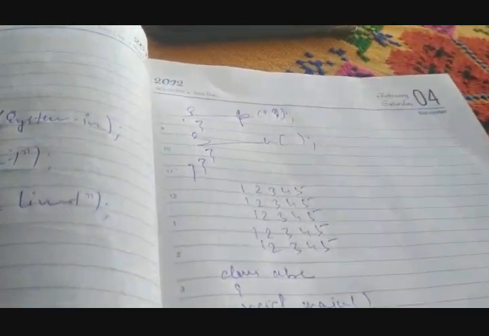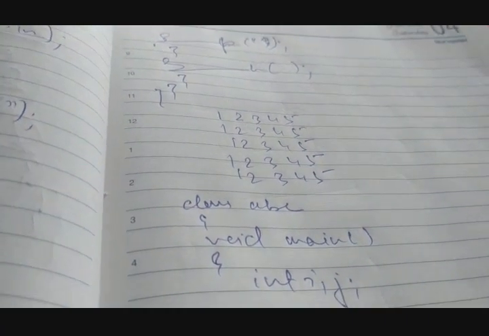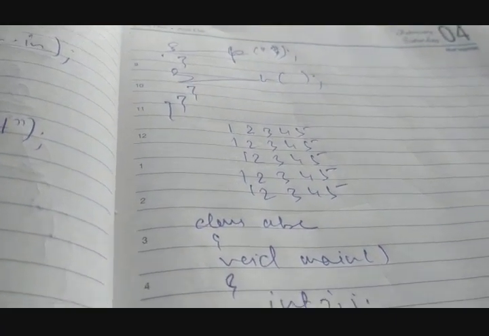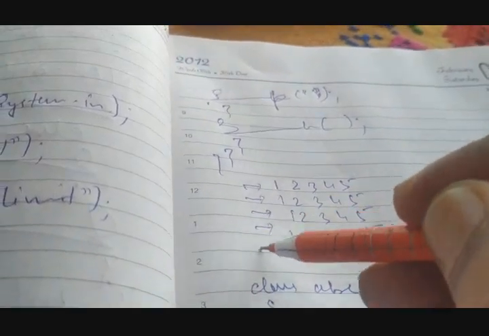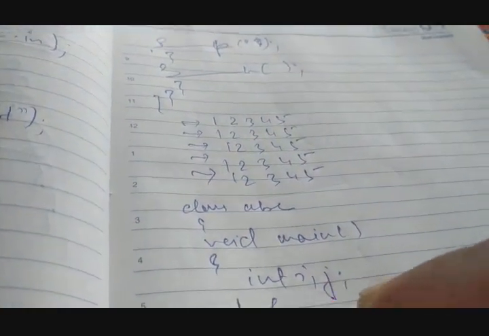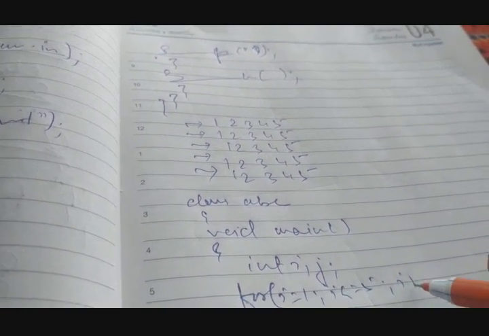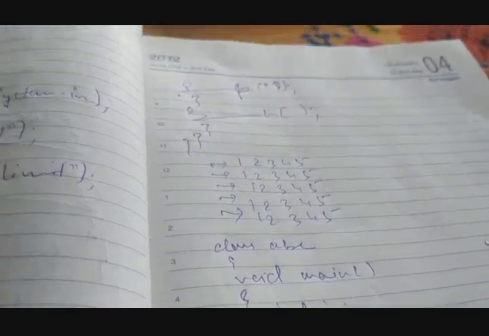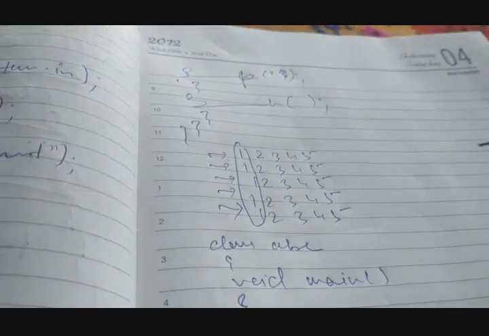So now, 1, 2, 3, 4, 5, repeated four times. How many times is it running? I starts here at 1, i less than equals to 5, i plus plus. Now look at the j: where does the j begin? 1.